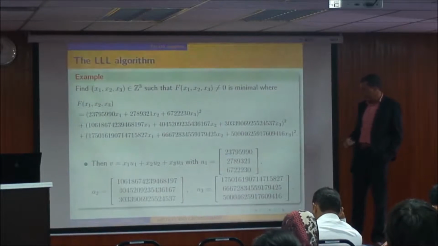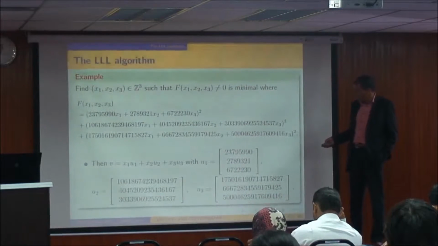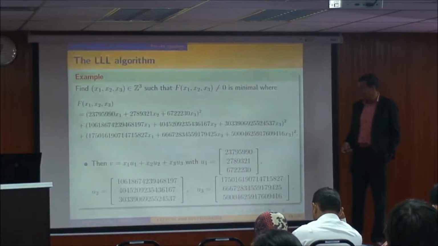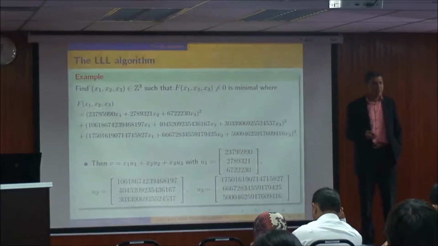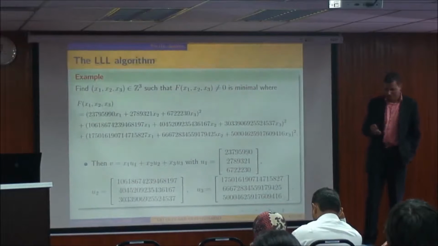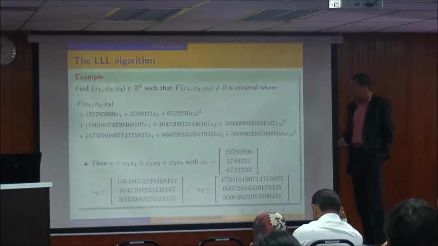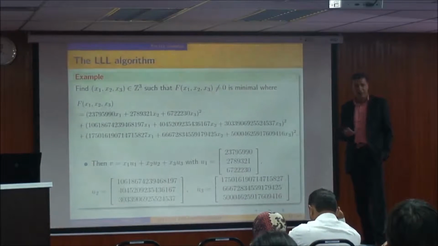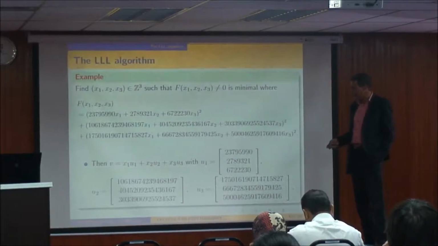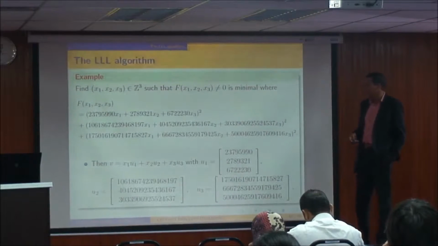So we can find now, using u1, u2, and u3, the basis B, and this basis can be the matrix of lattice L, and we can reduce the lattice L using the LLL algorithm in order to find a short vector.